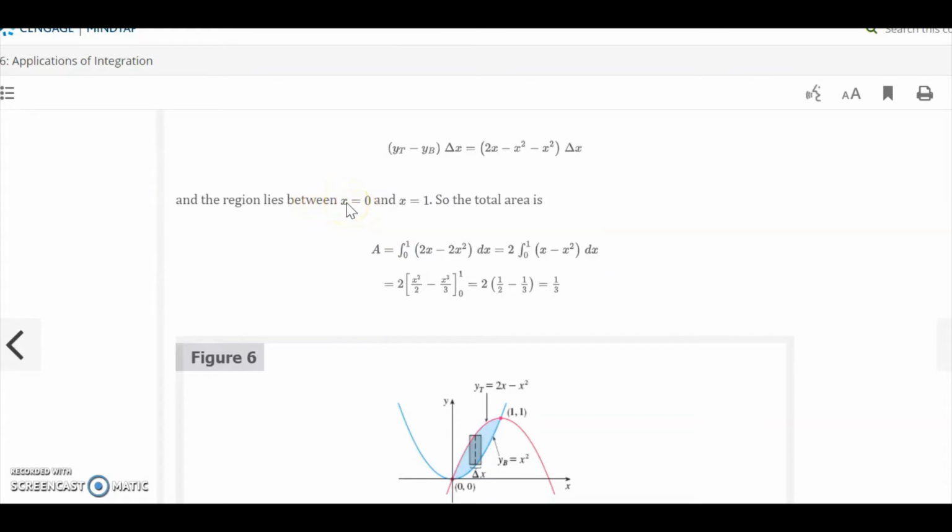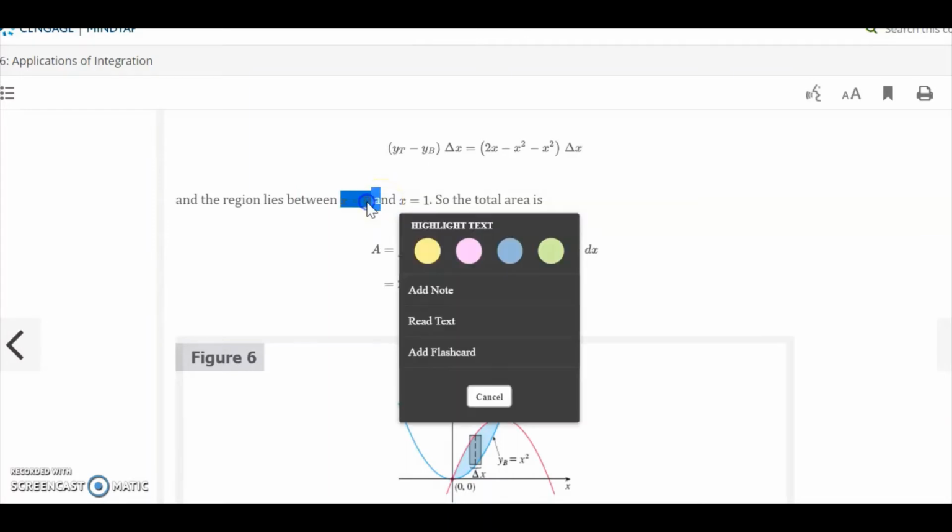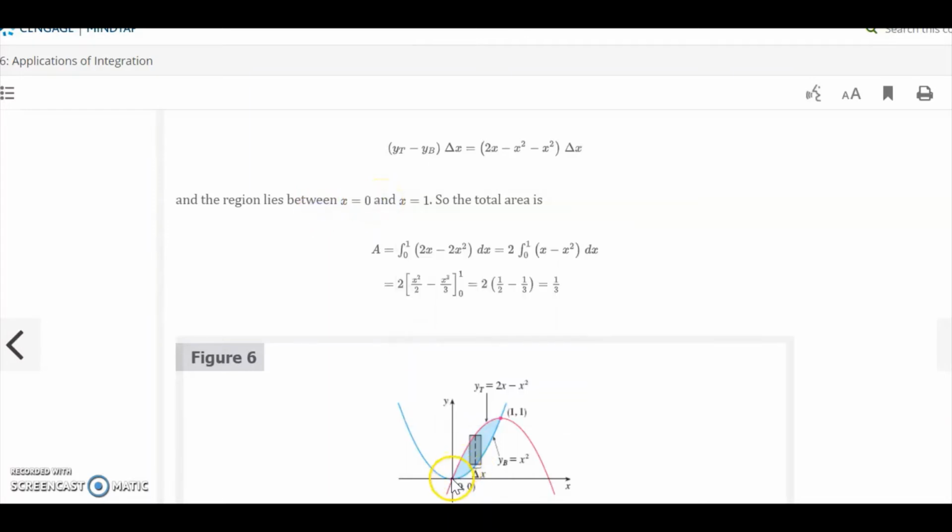So either way would work. You just have to make sure you're picking the right values for your bounds. So we're going to use the x values because it's pretty easy to see we're looking from 0 to 1. And so that means since we're looking at x values, we want x's all the way through here. I hope that makes sense.